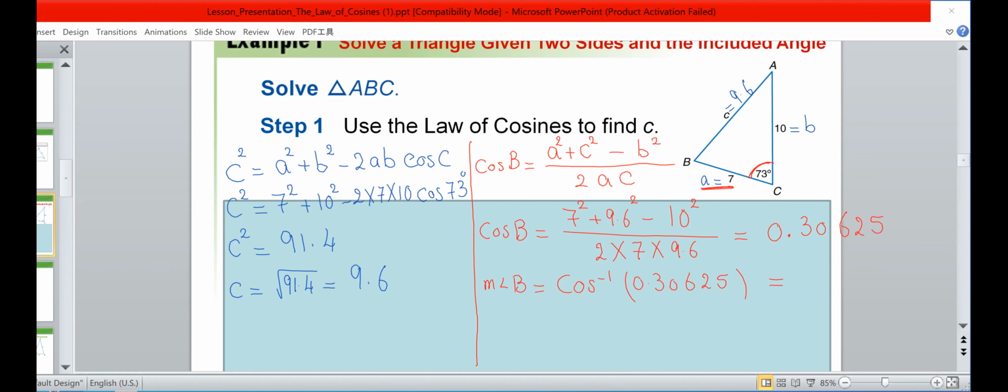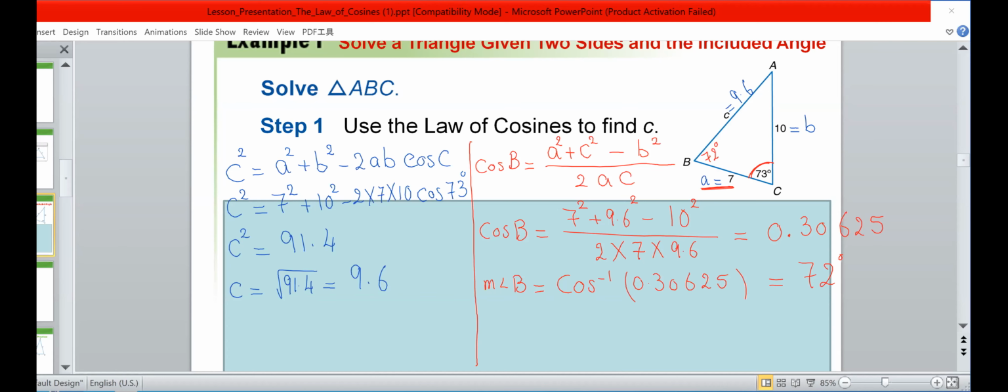It's approximately 72 degrees. Now the measure of angle B is 72 degrees.